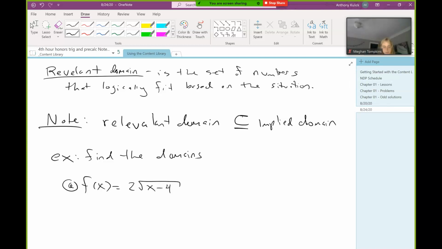Okay, so let's look at this. In this situation, in an algebra class, what set of numbers is it generally accepted that we're working from? The real numbers, right? That you can have decimals, any kind of decimal would be okay. Everybody's okay with that idea? That is our implied domain in this problem. So let's use a red.